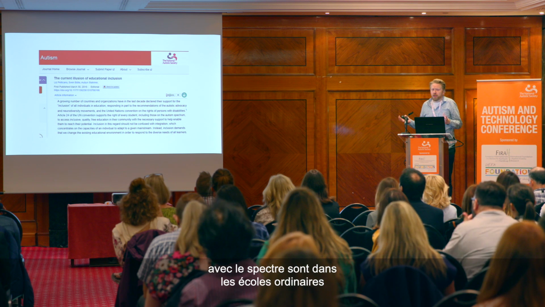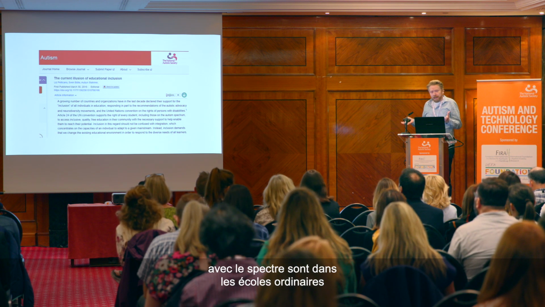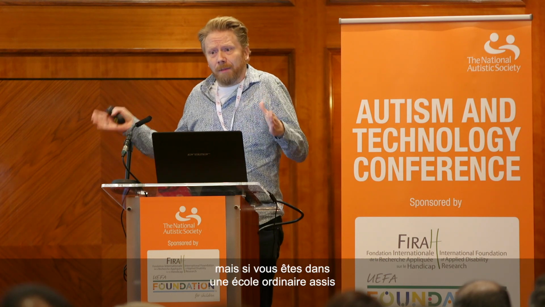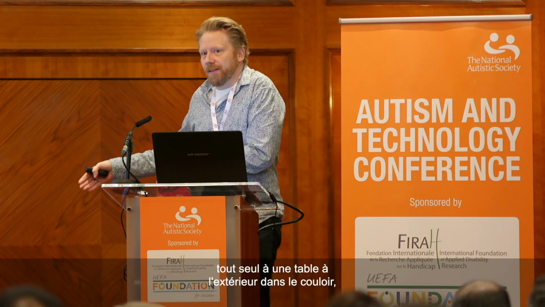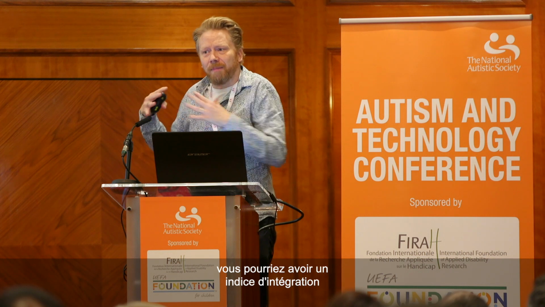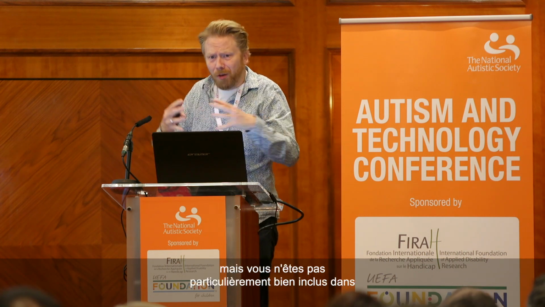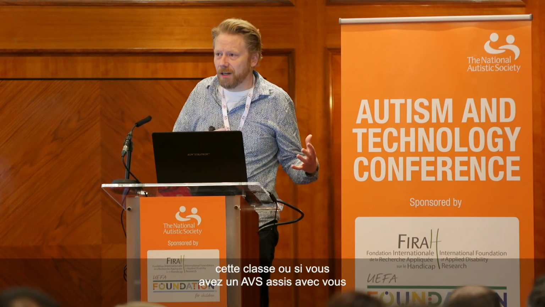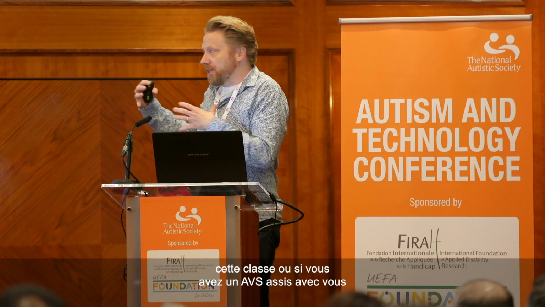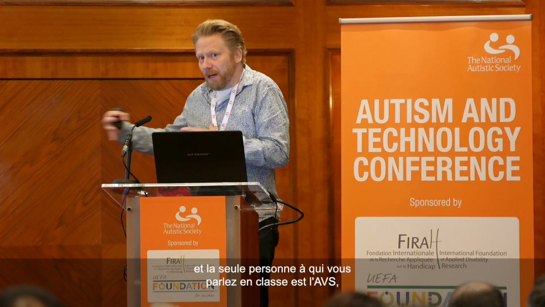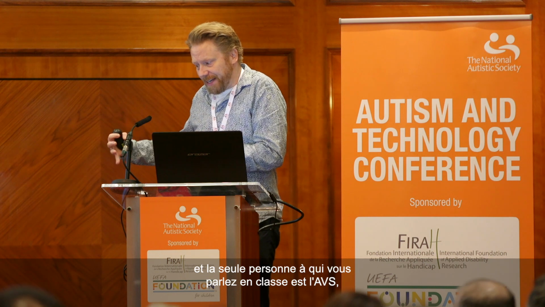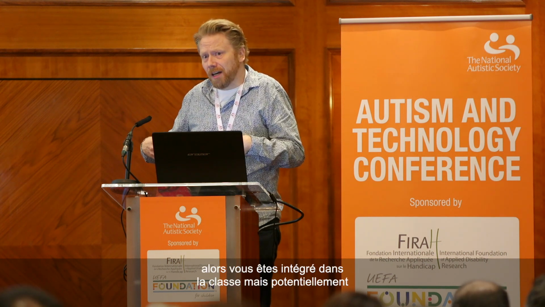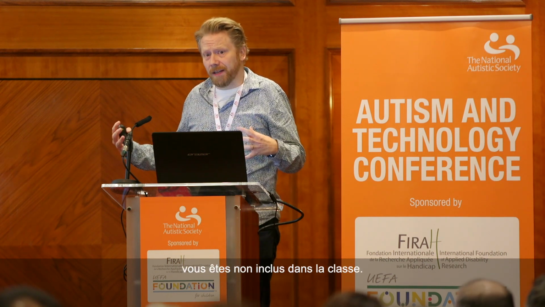Many children on the spectrum are in mainstream schools, but if you're in a mainstream school sitting at a desk outside in the corridor by yourself, you might meet some index of integration, but you're not particularly well included within that classroom. Or if you have a TA sitting with you and the only person you speak to in the classroom is that TA, then you're integrated into the classroom, but potentially not included in the classroom.